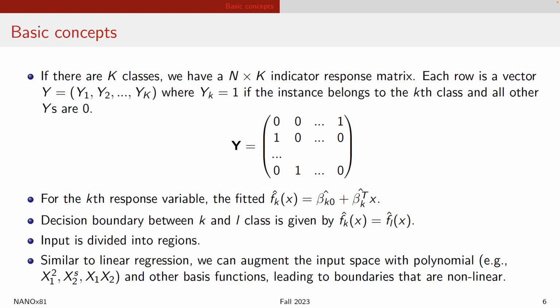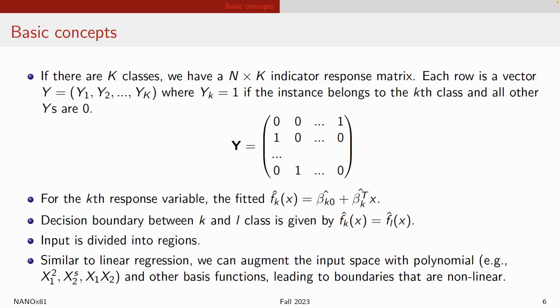Okay, so that will basically divide your input into different regions, and you can also, of course, choose your input features in such a way that you can, for example, augment it with polynomial functions, other basis functions, and so on and so forth, right? And all those will then lead to nonlinear decision boundaries.